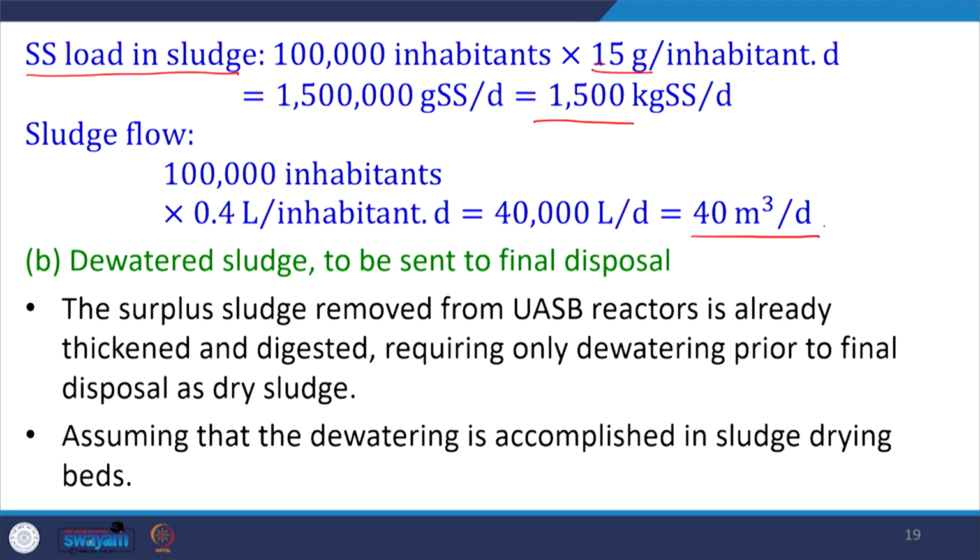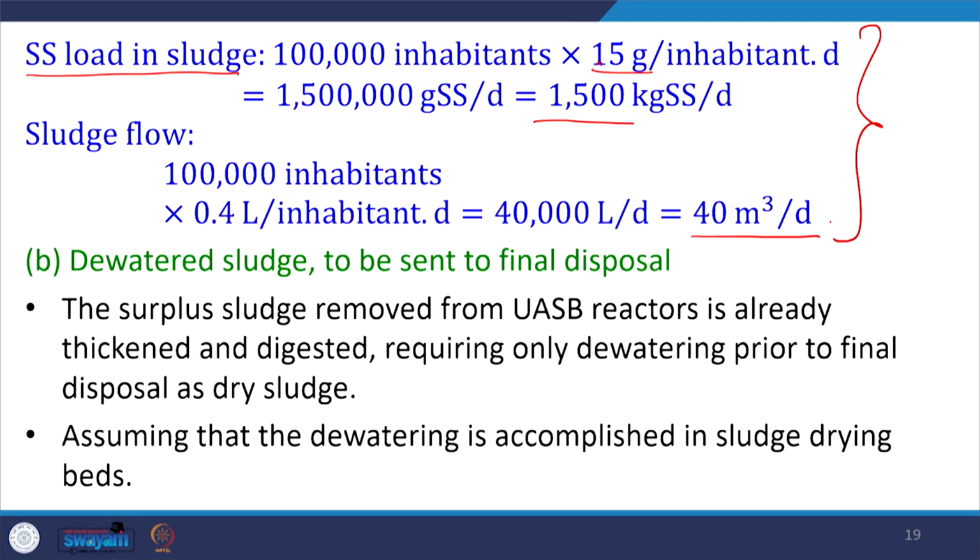So, that means we have to handle 40 meter cube of sludge per day, which itself will contain around 1500 kg of SS, and for this we have to design a wastewater or sludge management strategy. That strategy will be dependent upon other parameters also, like we can cross check what the solid content actually is on dry basis or wet basis. So, those data also need to be calculated.